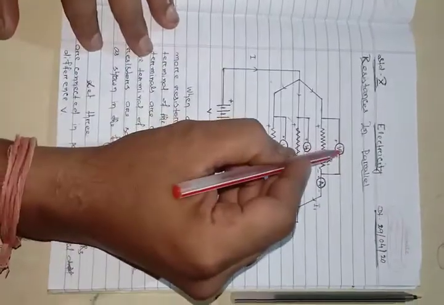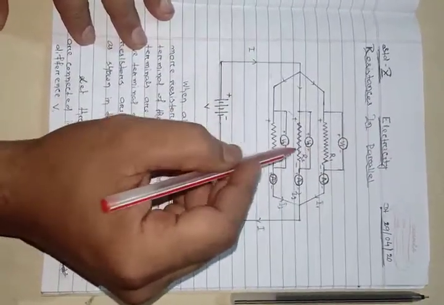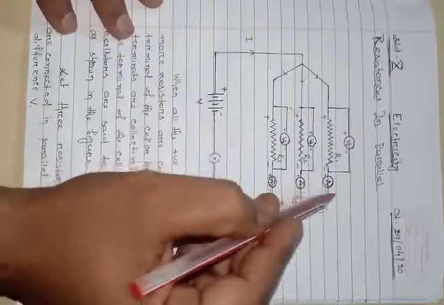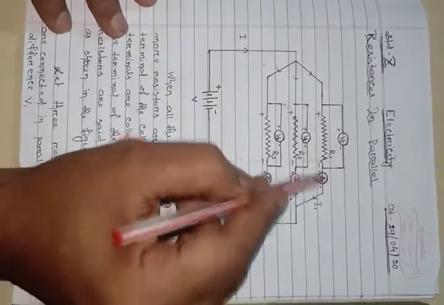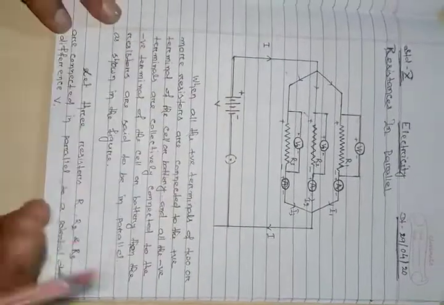Here voltmeter 1, voltmeter 2 and voltmeter 3 are there to read the potential difference across the three resistors, and three ammeters are used to check the current flowing through each resistor. Okay, so now let us discuss.